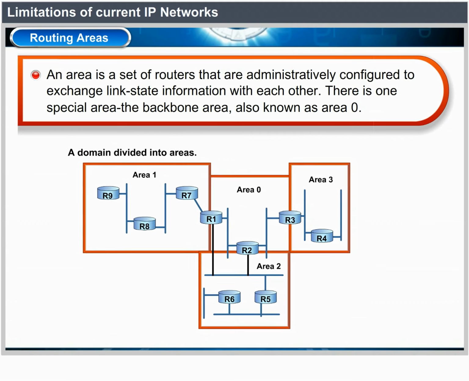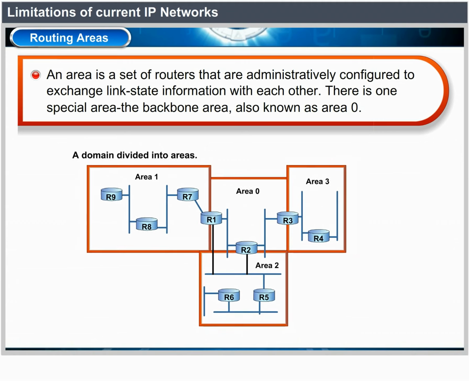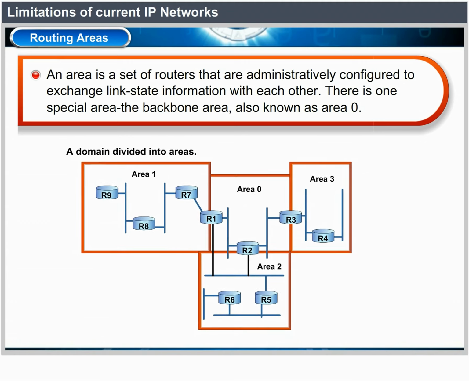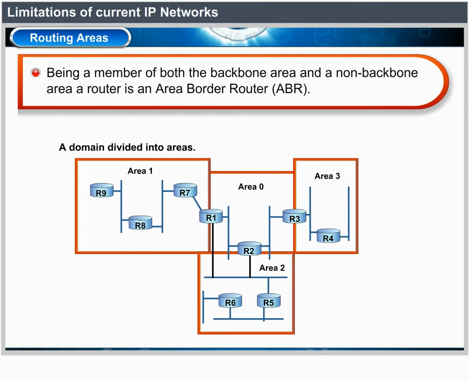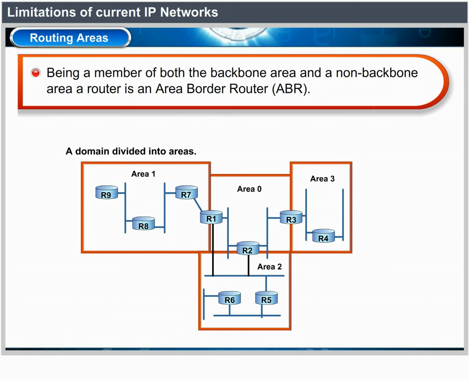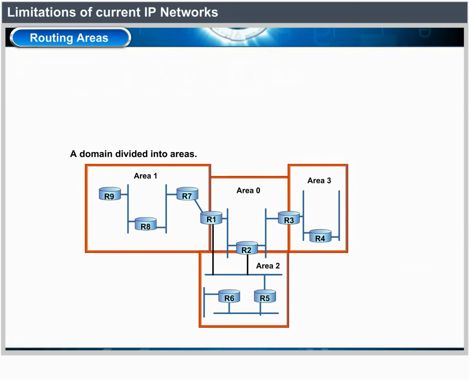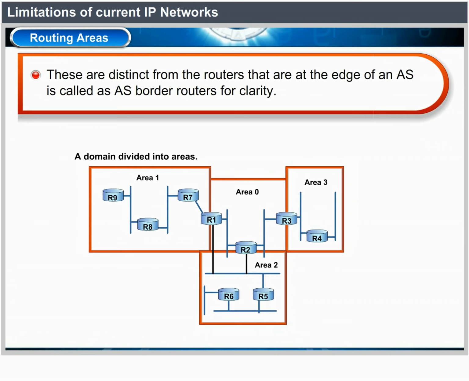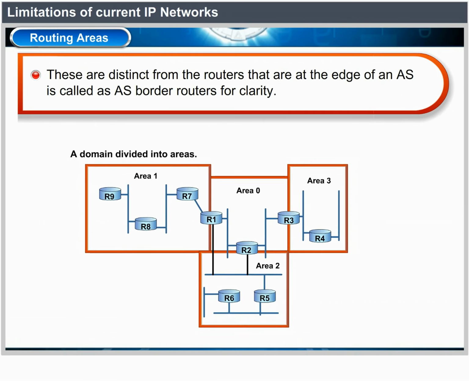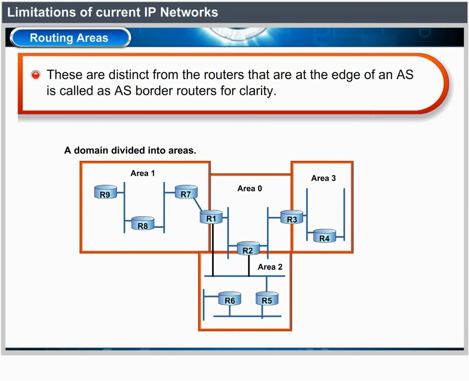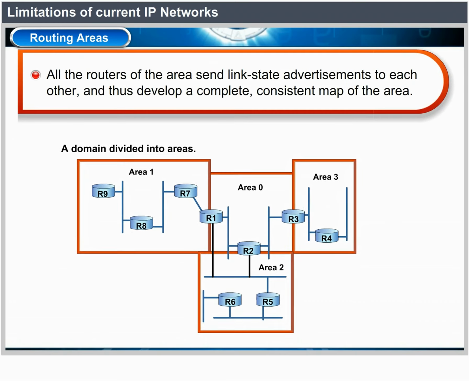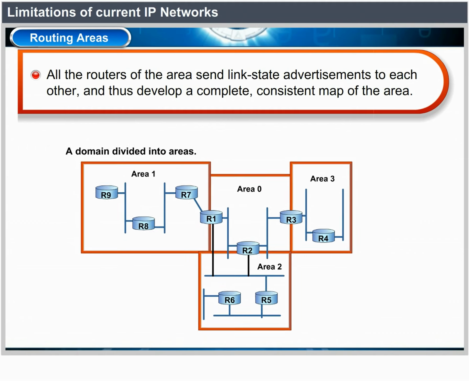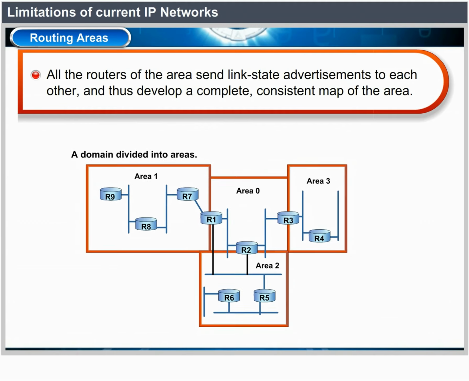There is one special area, the backbone area, also known as Area 0. Routers R1, R2, and R3 are members of the backbone area. These are distinct from the routers that are at the edge of an AS, which are referred to as AS border routers for clarity. All the routers in the area send link state advertisements to each other and thus develop a complete, consistent map of the area.